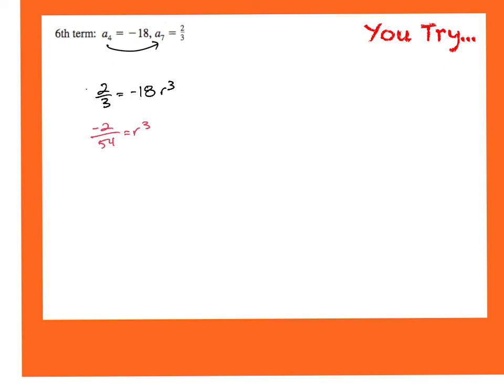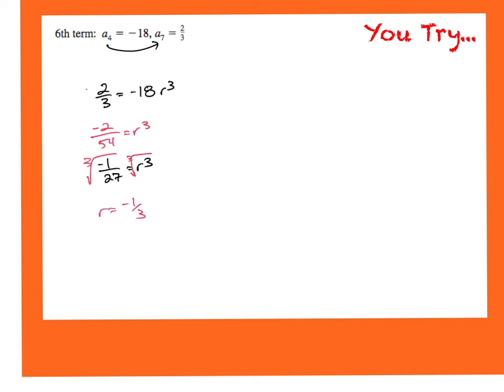Now, I would highly recommend you simplify this first. So this simplifies to negative 1 over 27, and that's going to make your life a little easier. After we cube root each side, which is really raising the power to 1/3, I end up with r equal to negative 1/3.